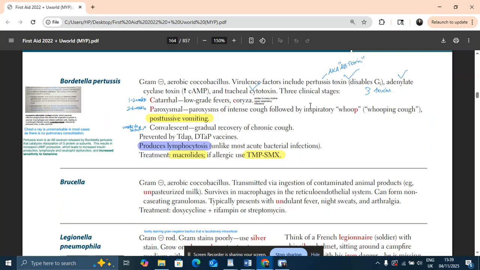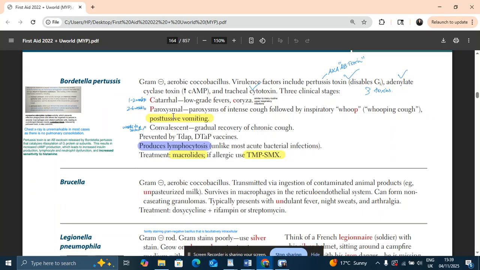The disease has three clinical stages. In the first 1 to 2 weeks, the patient usually has the catarrhal stage, which is more like an upper respiratory tract infection. Patients will have low grade fever, cough, and coryza, like a runny nose.